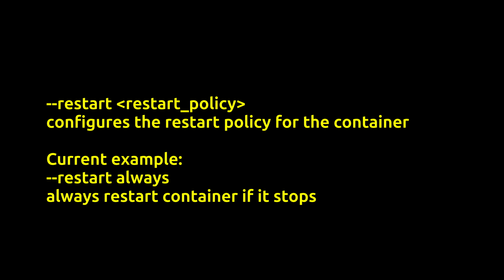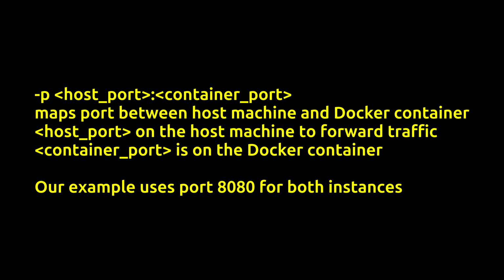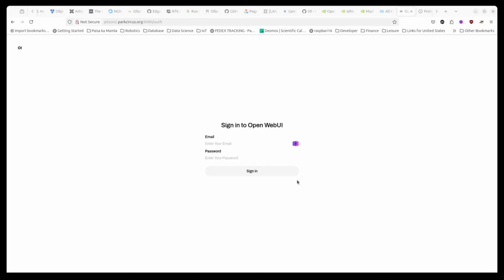In this case, the container will always restart, irrespective of any previous exit conditions owing to errors. -p allows the traffic on a port in the container to be redirected to another port on the host. Of course, in this example, the numbers are the same by choice.